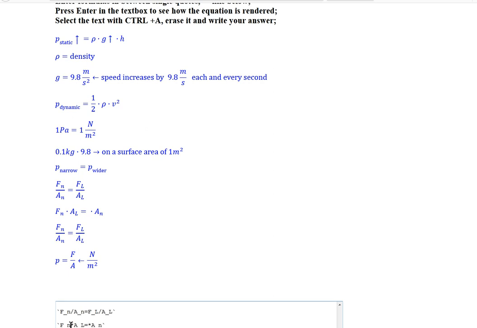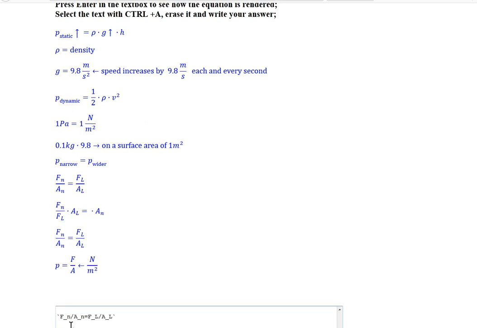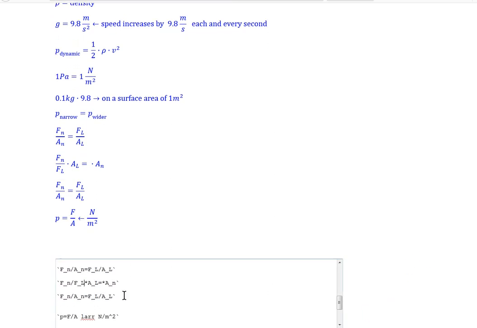From numerator on the right hand side it becomes denominator on the left hand side, and then this cross-sectional area from numerator on the left hand side becomes denominator on the right hand side. So what you are going to notice is that the ratio of the forces goes as the inverse of the ratio of the cross-sectional areas: area of the narrow A sub n divided by area of the larger A sub L.